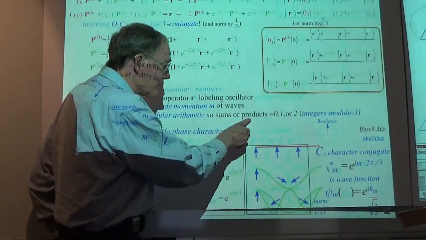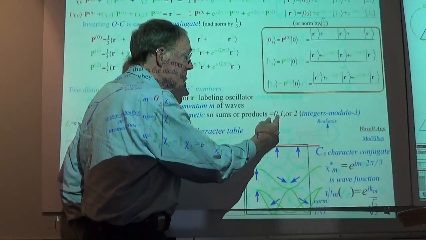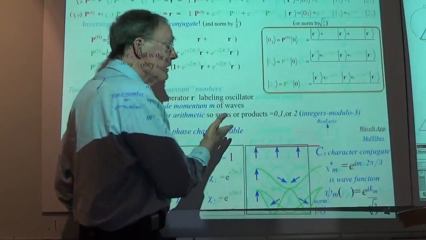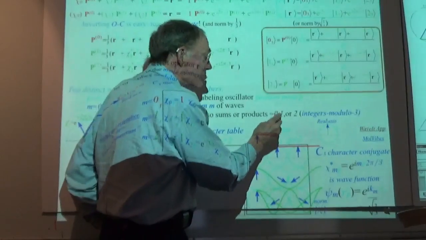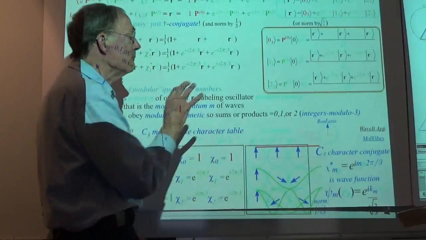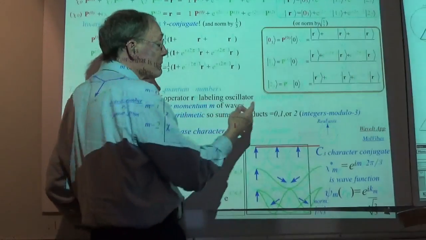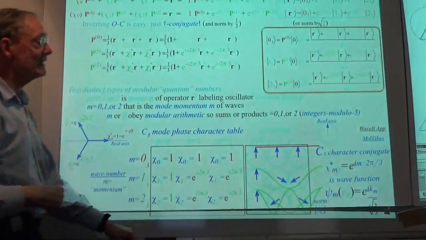So sums or products equal only three numbers possible, 0, 1, or 2, modulo 3. If it's 30, then it's 0 modulo 3. So 30 is 0. So is anything that's a multiple of 3. And then anything that's a multiple of 3 plus 1 or plus 2, you can call these the remainders.